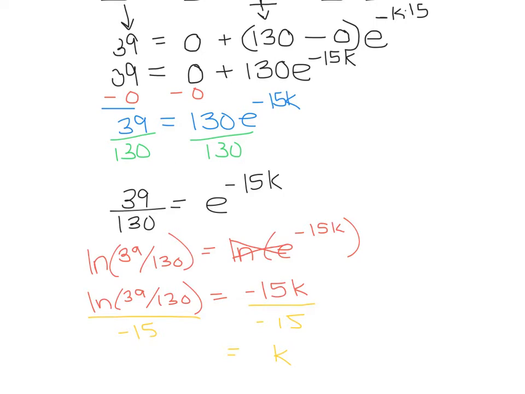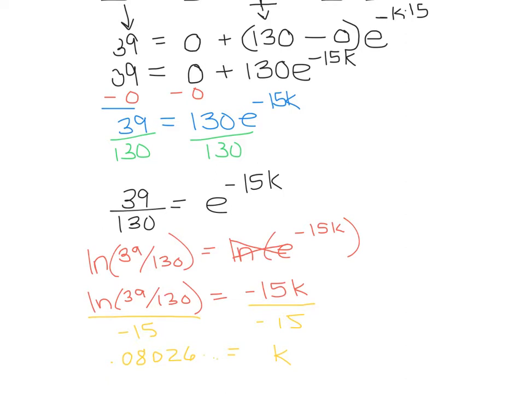I'm going to put the 39 divided by 130 in parentheses. You can hit enter if you want and get a nasty decimal. And then I'm going to divide that nasty decimal by negative 15. And it'll tell me my k value is 0.08026. And you can go further, there are more decimals, but I'm just going to go to that place right there.